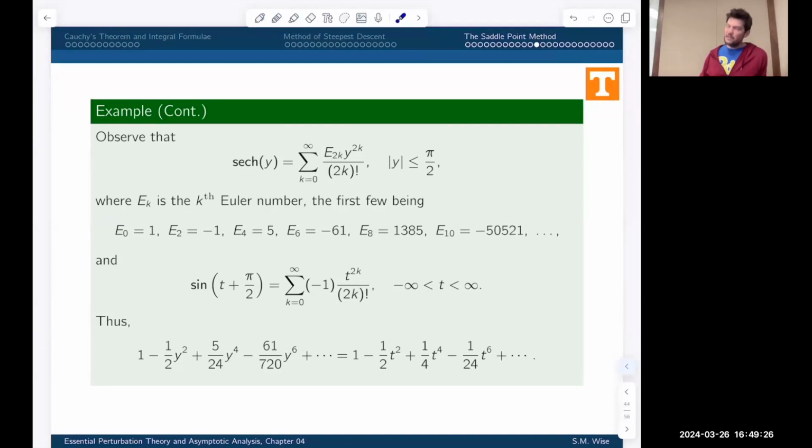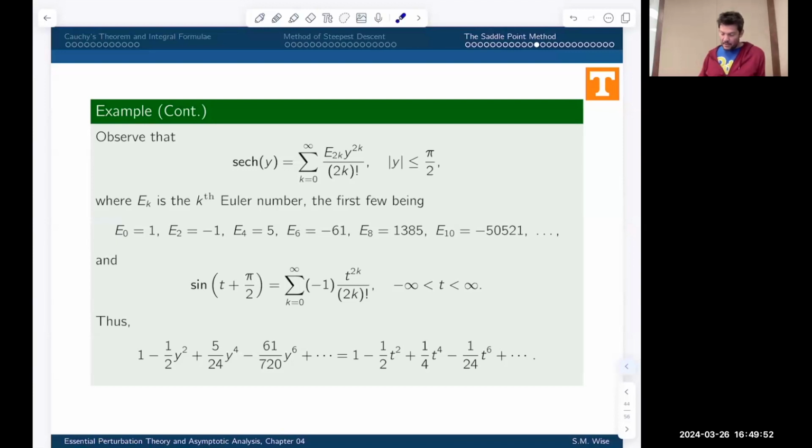I'm not sure there's an analytic expression for what these values are, but they're computable to any order. There's recursion relations for computing them. These are the Euler numbers. You may have seen Euler numbers in conjunction with things called the Bernoulli numbers. Has anyone seen these before? Okay. So I'm not going to derive them here, but this is a kind of interesting expansion.